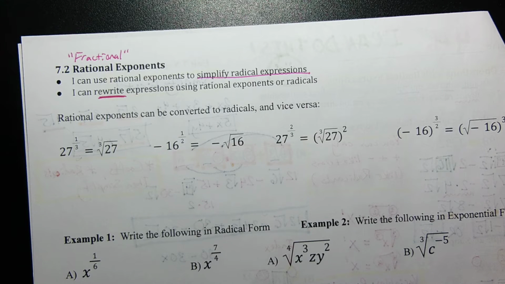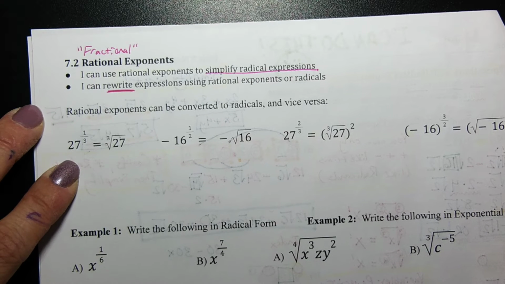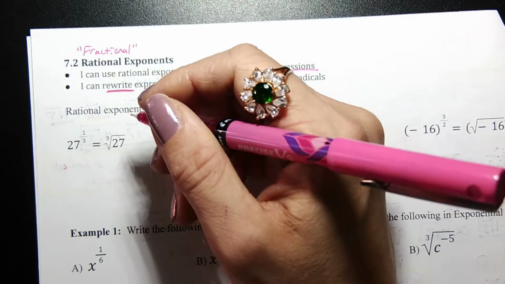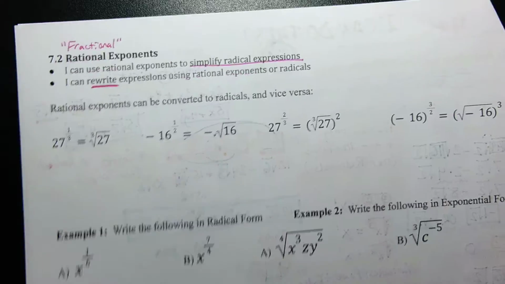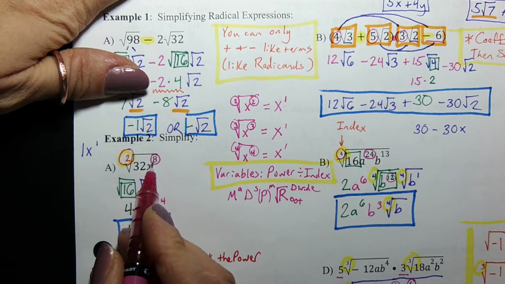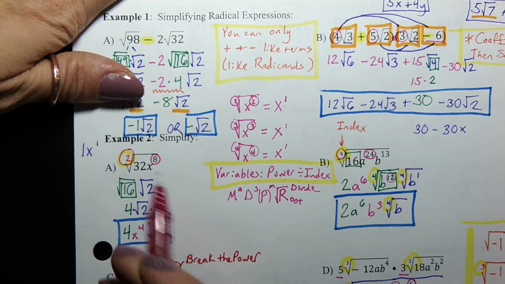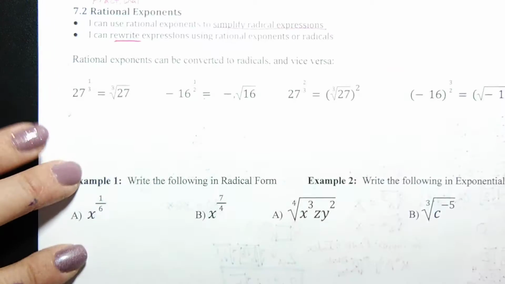If I tell you that 27 to the 1/3 power is the same as the cube root of 27, we can actually see this equality by using what we have done to simplify our variable and exponent powers. To take a variable out of the square root, we took the power divided by the index. We can do the same thing with numbers.